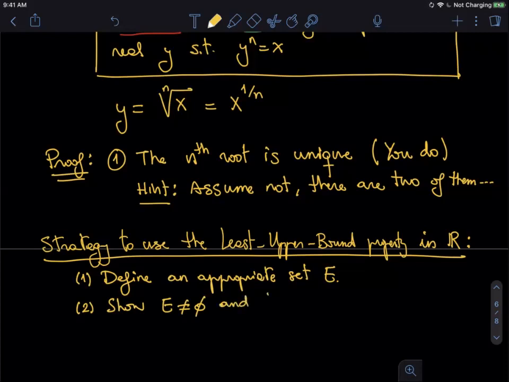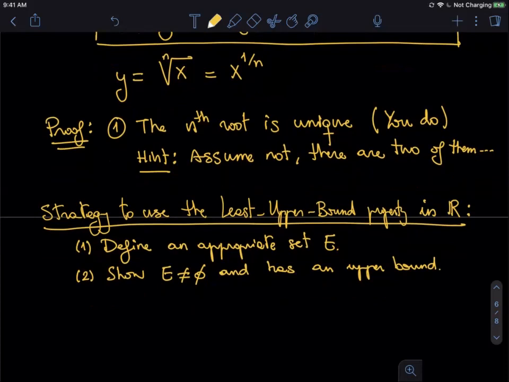And has an upper bound. We want to use the least upper bound property, so for that, we need to know that the set E is bounded.